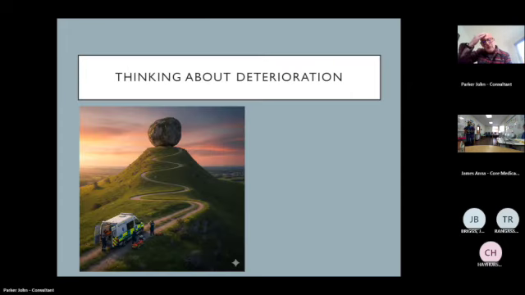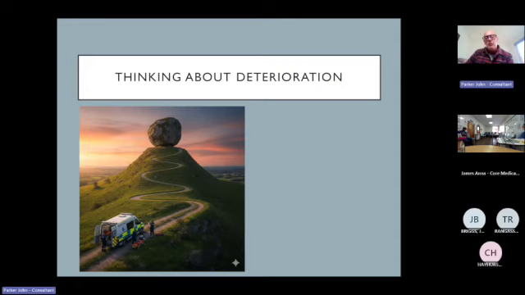So when we're thinking about deterioration, there's a few things that we need to bear in mind. You can envisage a deteriorating patient a bit like a boulder precariously perched on the top of a hill, which may or may not be about to roll down that hill and gather momentum.